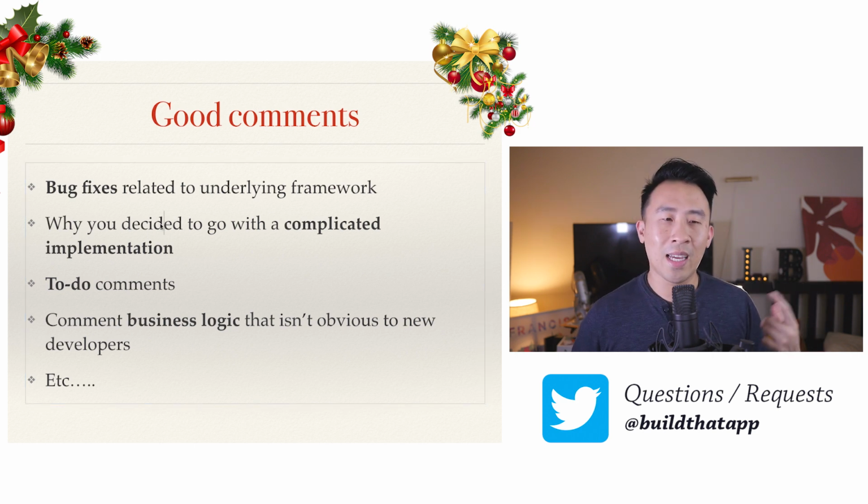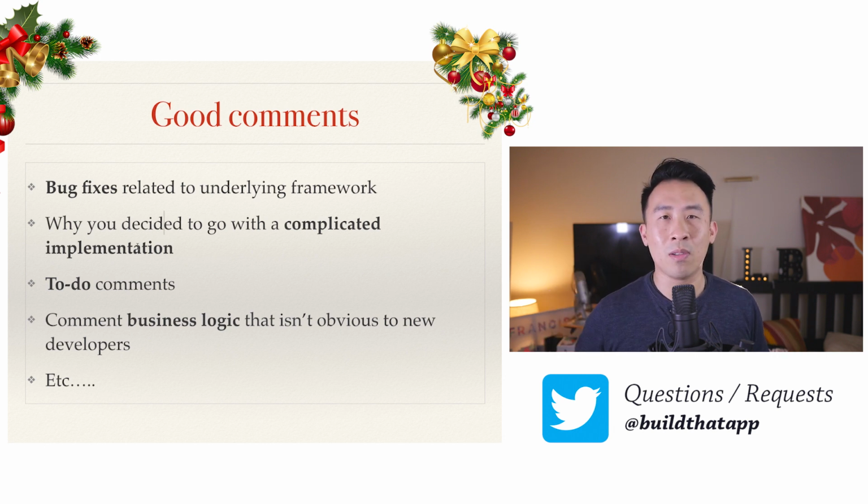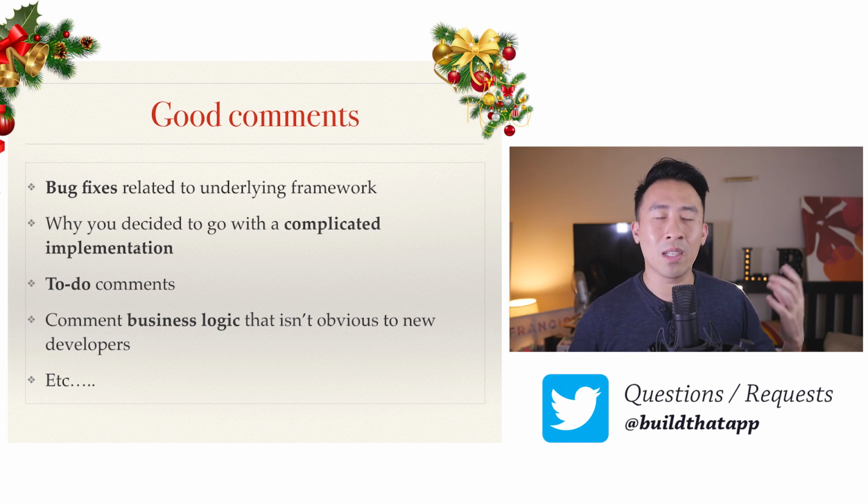Something else that I would typically leave a comment for is sometimes I'll decide to go with a more complicated implementation for a solution to a problem. Let's say, for example, I could use an array, but instead I decide to go with a recursive tree for the solution. It's very important to leave a comment as to why you decided on that logic.